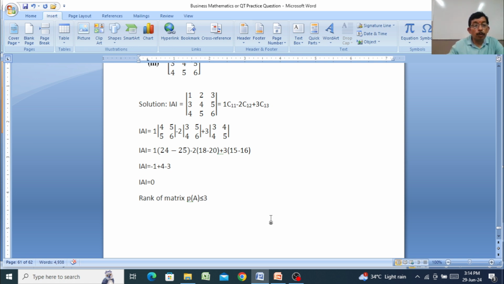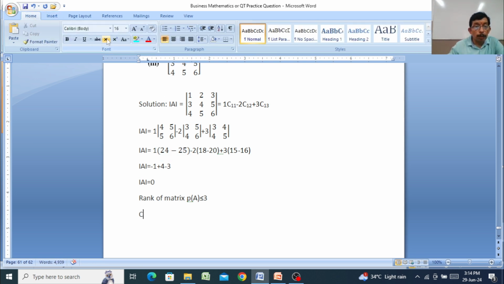So the first 2 by 2 order determinant is C11.